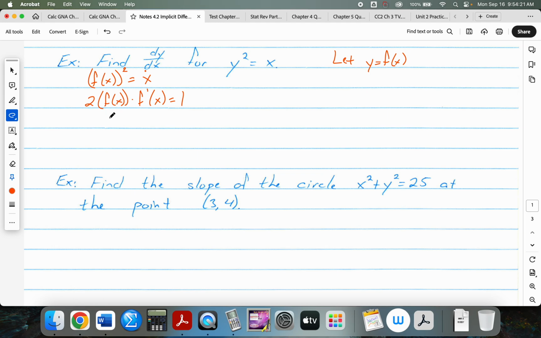Solving that for f prime of x, we get that f prime of x is 1 over 2 f of x. And you can and are welcome to do this.